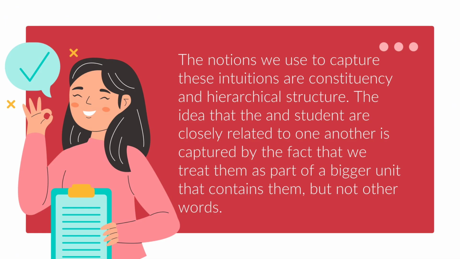The notions we use to capture these intuitions are constituency and hierarchical structure. The idea that "the" and "student" are closely related to one another is captured by the fact that we treat them as part of a bigger unit that contains them, but not other words.